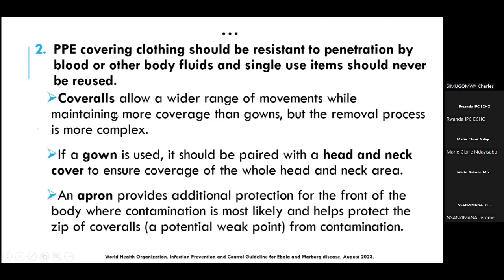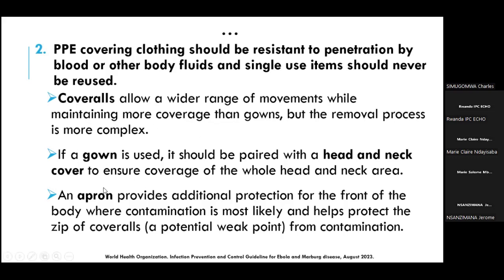And then they consist of a coverall, which is the most commonly used in this situation, if we have the stock, but if a coverall is not available, we can use a gown and head cover, as we are going to see.